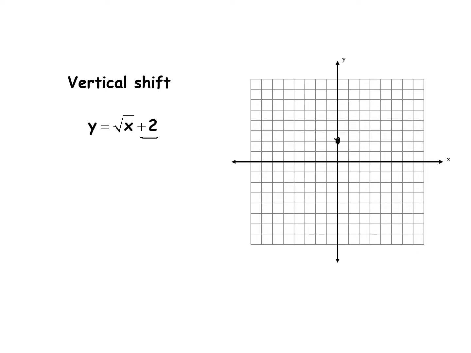Now that I've done my shift, I'm just going to graph this function right here, but I'm going to graph it from my shifted point. So from this point, I'm going to go over 1, up 1, and I'm going to go over 4, 1, 2, 3, 4, up 2, and then I'm just going to draw my little eyebrow graph.